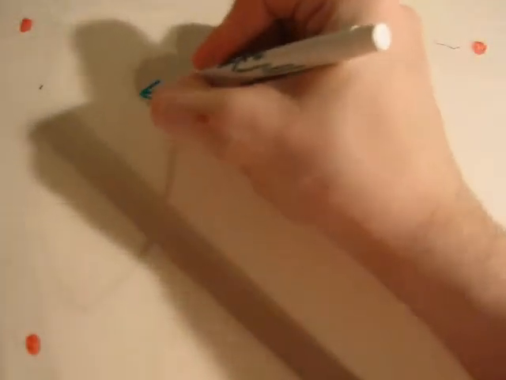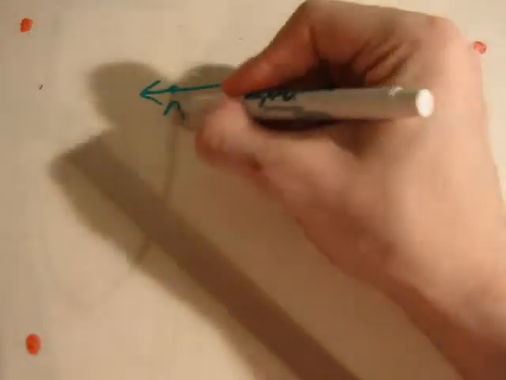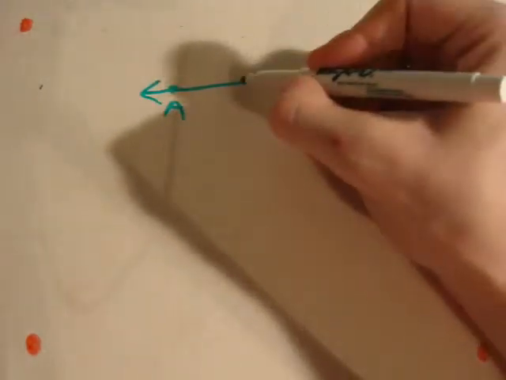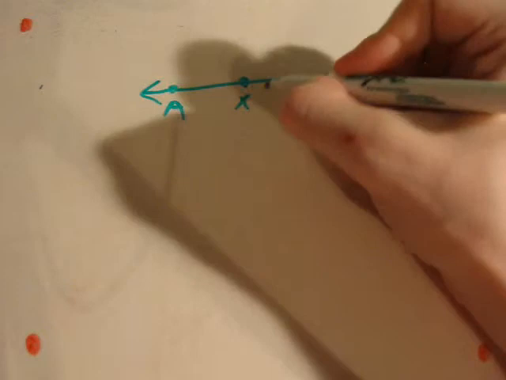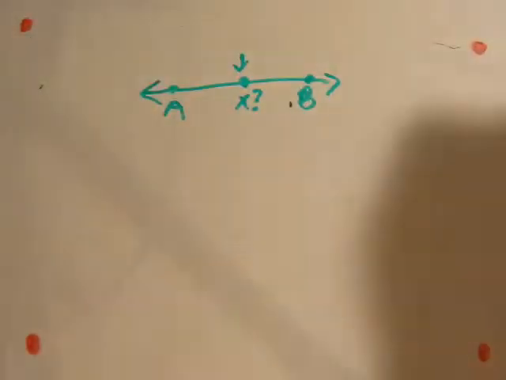Now let's talk about the midpoint. The midpoint is the part on a line in between 2 points, as its name suggests. That's your midpoint. How do you find the midpoint?